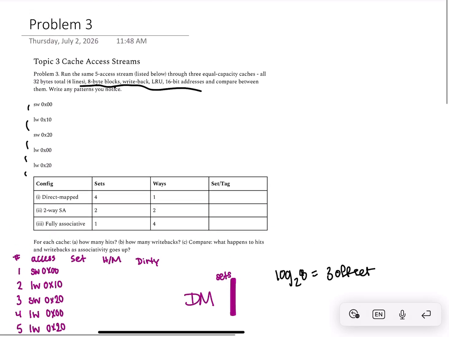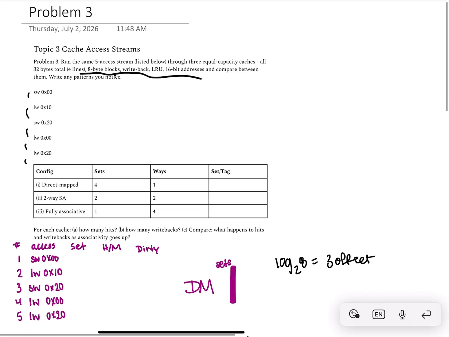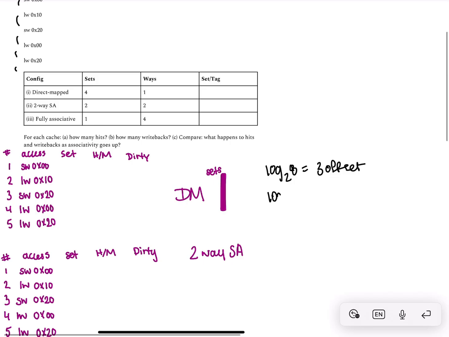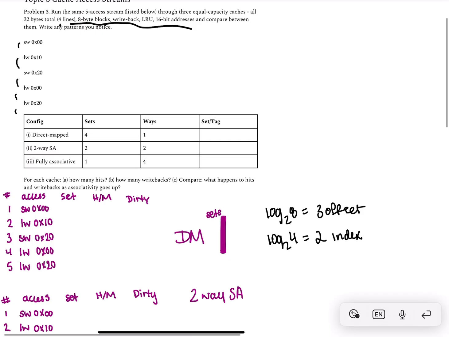Index bits is log base 2 of 4, so log base 2 of 4 is 2 index bits. And then we have enough information to find out the sets now for a direct map cache. So this is all 0, so our index is definitely 0 bits.